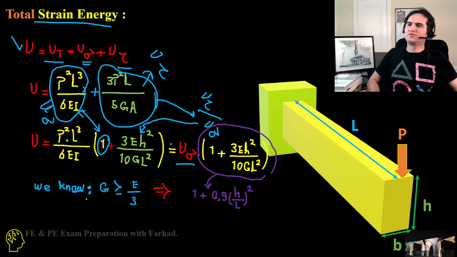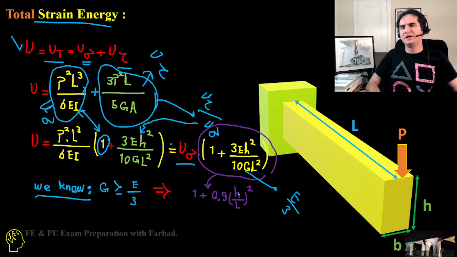We already know from an early chapter in mechanics of materials that the shearing rigidity G is greater than or at least equal to 1/3 of the modulus of elasticity. If you replace G by E over 3, the minimum value, this part gives you 1 plus 0.9 times (H over L) squared.